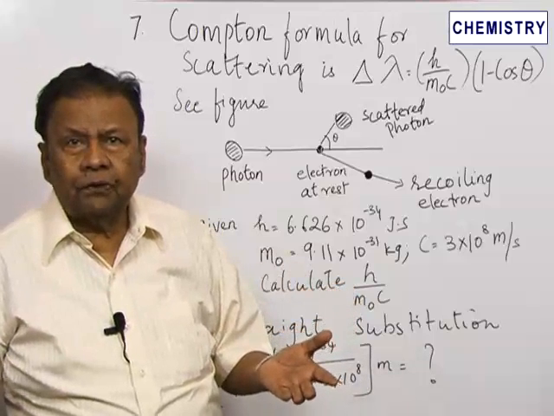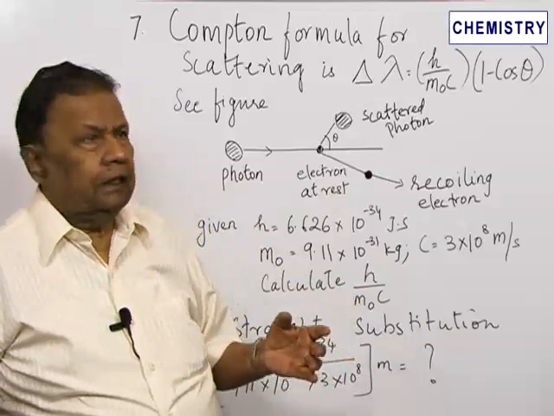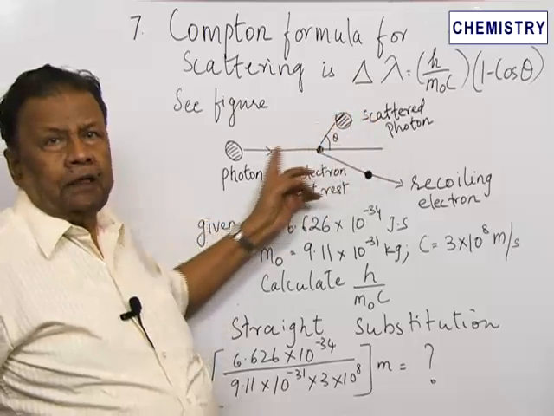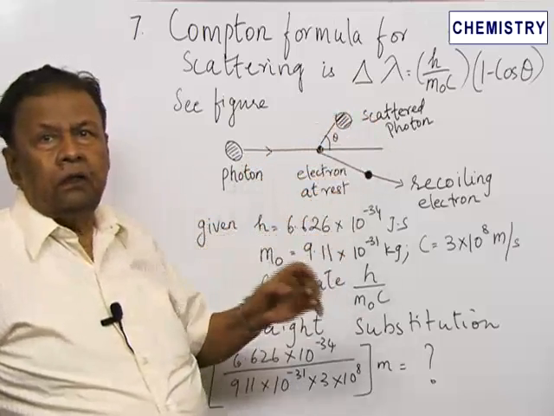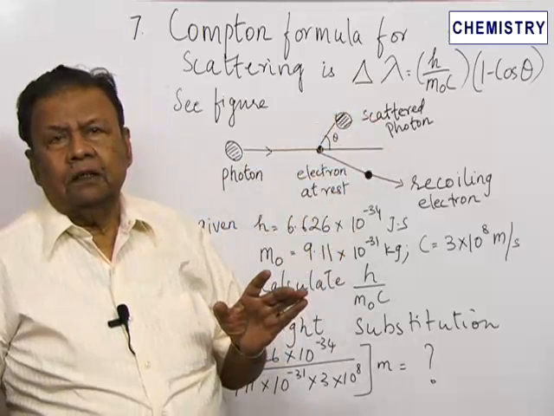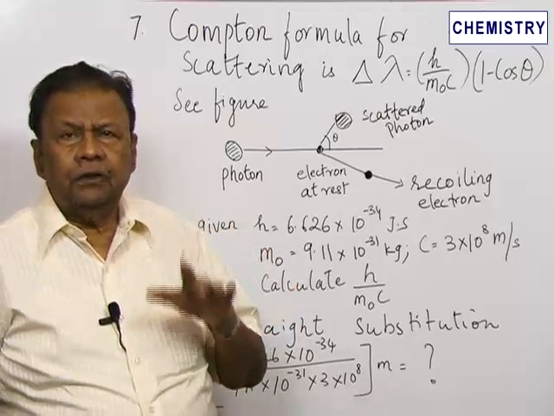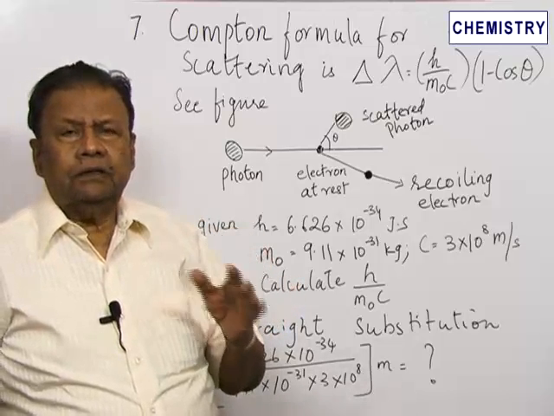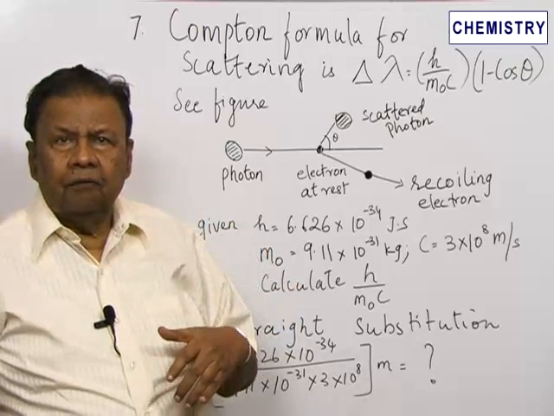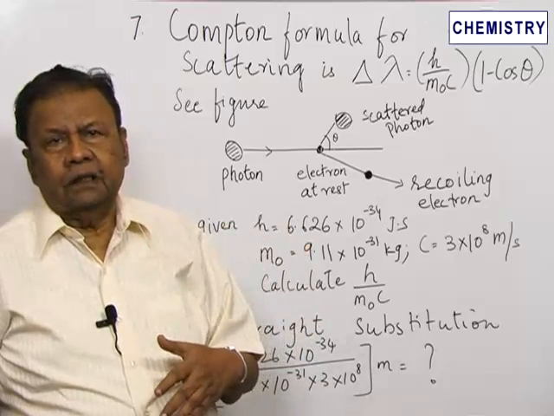Naturally, because the photon has now lost some of its energy, the scattered photon and the incident photon do not have the same wavelength. You see, the energy of the photon is h into nu, which is h into c by lambda. When the energy changes, lambda changes.